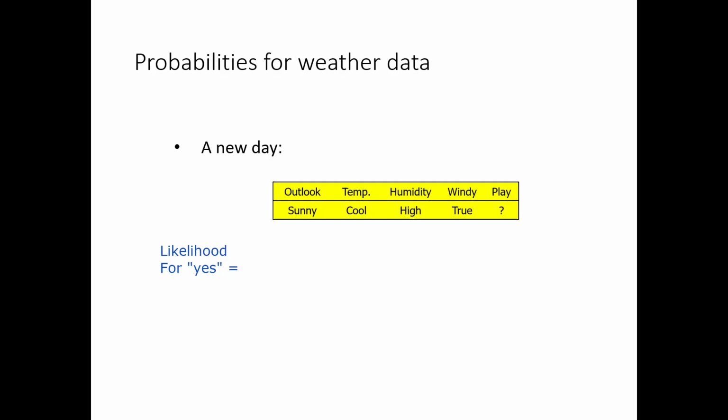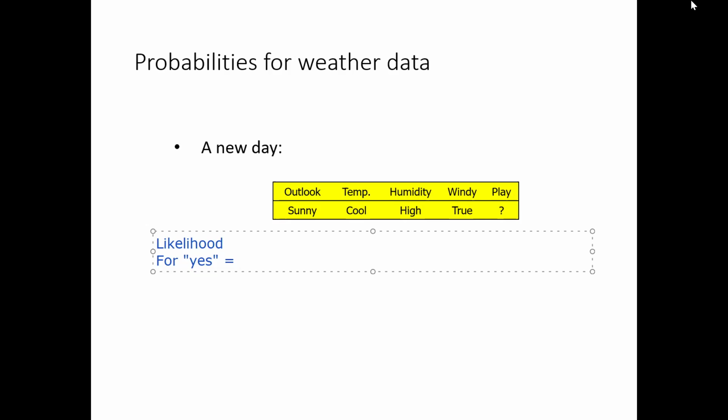We have to first calculate the likelihood values for yes. Let's calculate the probability values for yes. So when outlook is sunny, what is the probability of being yes?